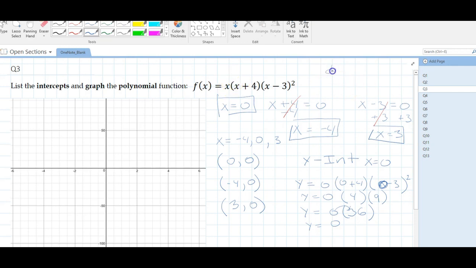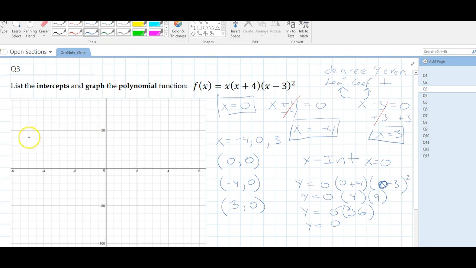So the degree of our polynomial is 4, which is an even number. And the leading coefficient is positive. That means the end behavior is going to be up and up.